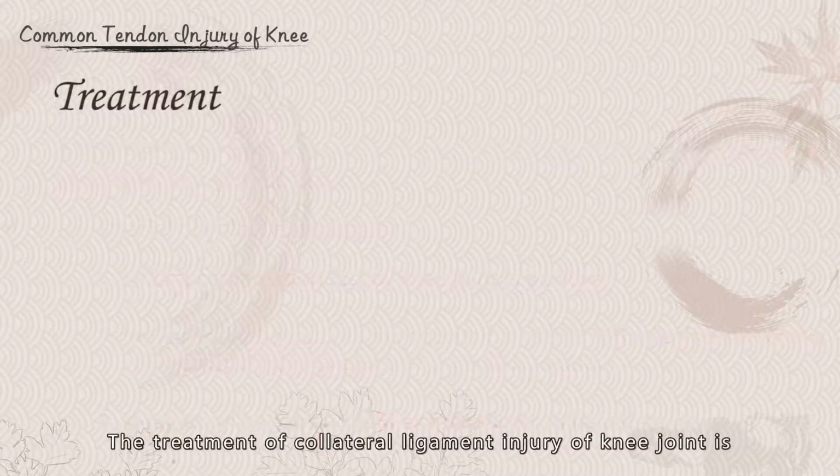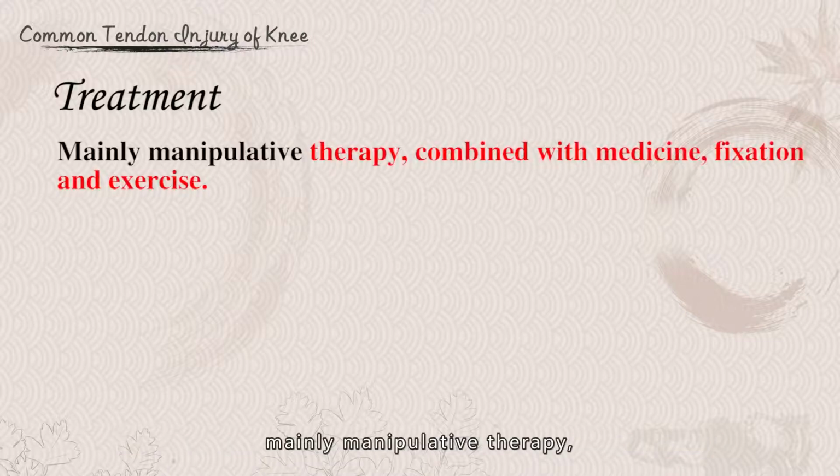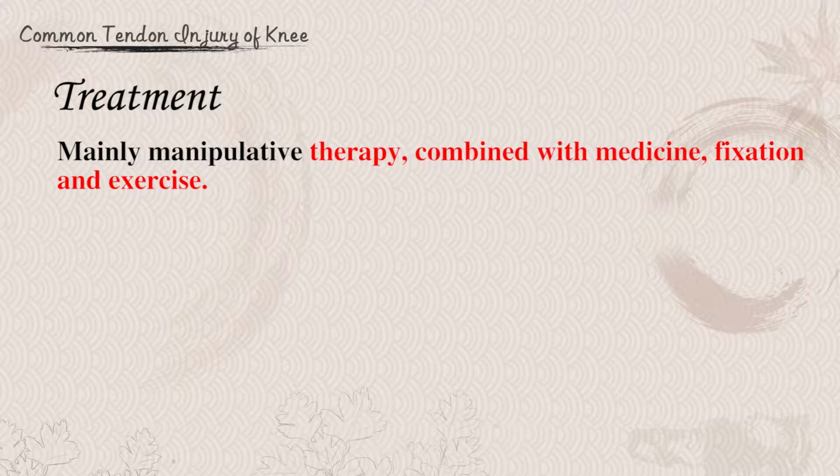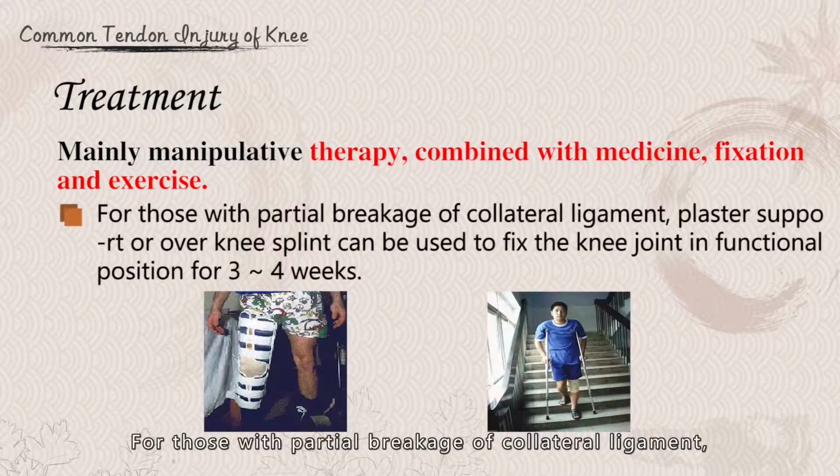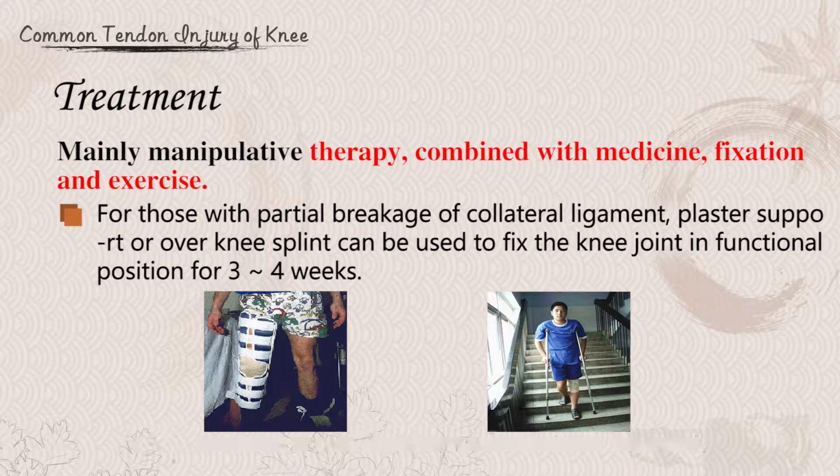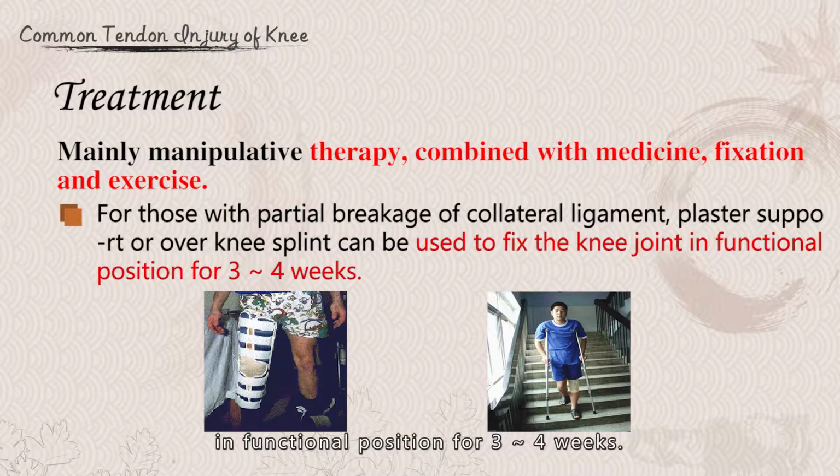The treatment of collateral ligament injury of the knee joint is manipulative therapy combined with medicine, fixation, and exercise. For those with partial breakage of the collateral ligament, plaster support or an over-knee splint can be used to fix the knee joint in functional position for 3 to 4 weeks.